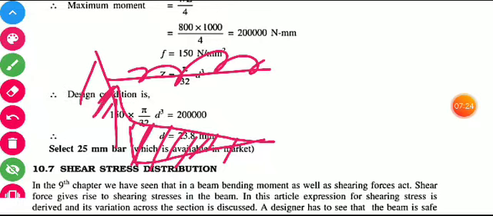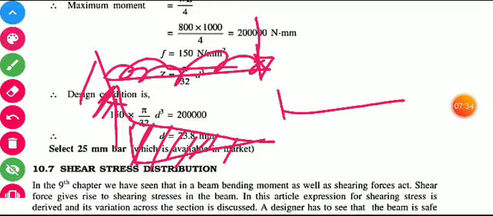So what is the shear force diagram for this? We will easily draw it. Like this is the UDL line, which is not straight, so the shear force is this and the bending moment is like this, parabolic in shape.